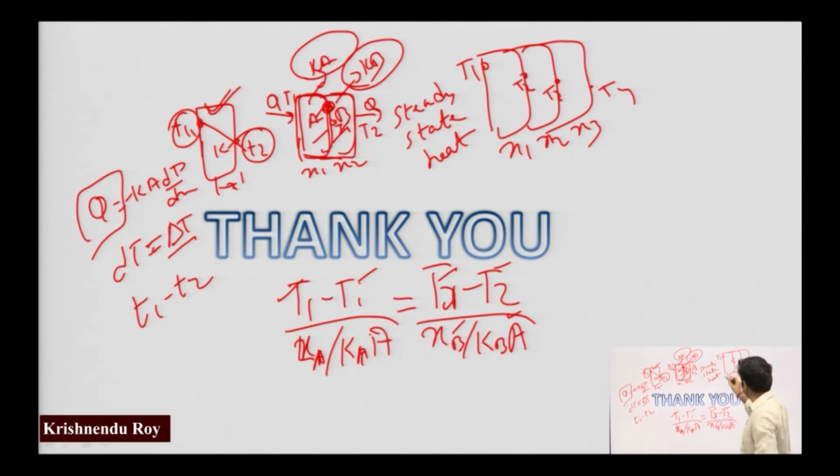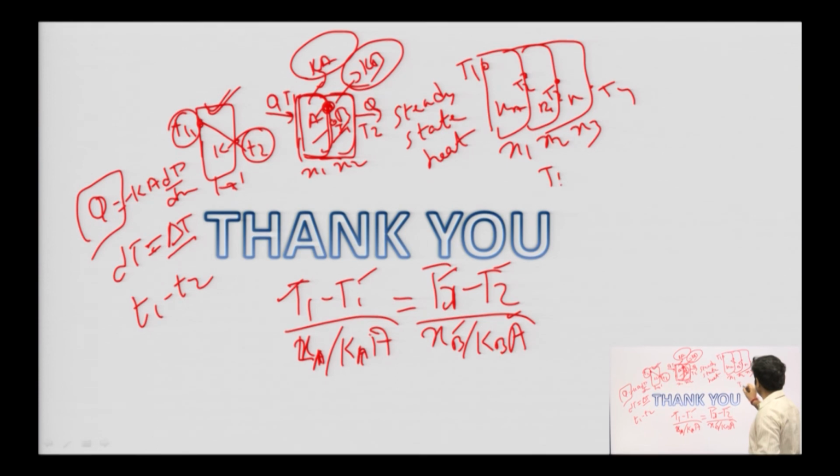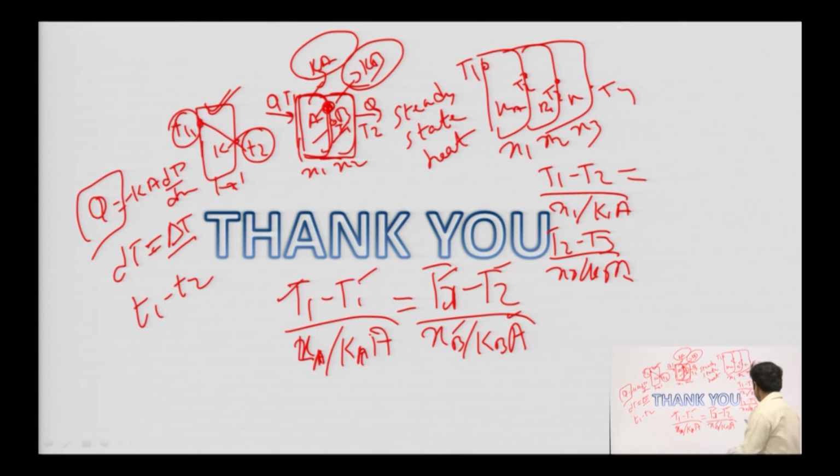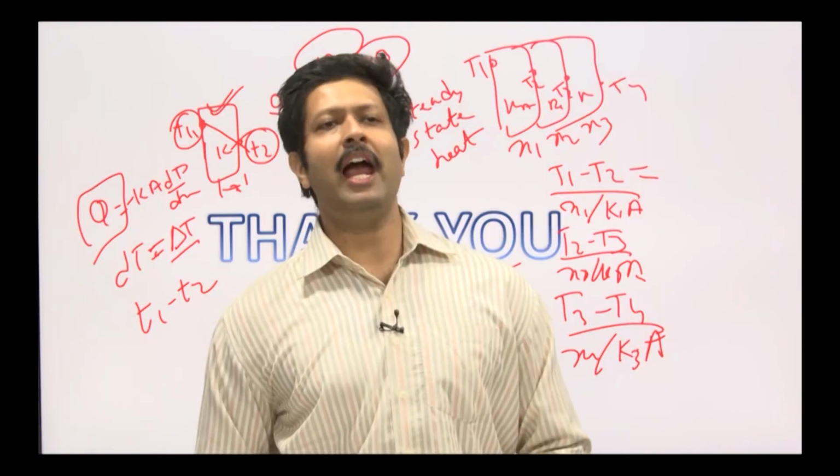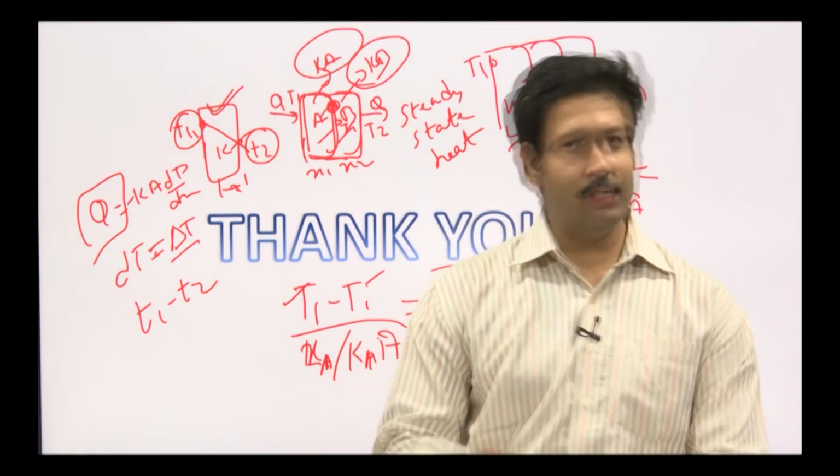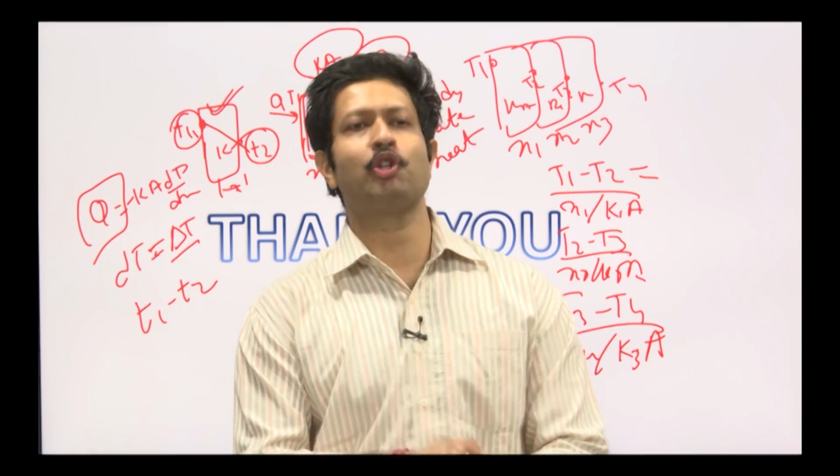Again the same thing has to be done: T1 minus T2 divided by x1 by k1 A equals T2 minus T3 by x2 by k2 A, and again T3 minus T4 by x3 by k3 A. So these three things have to be equated, and then you can easily solve the remaining portion of it.